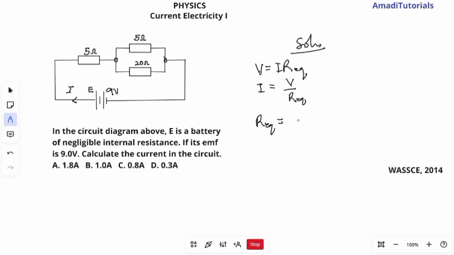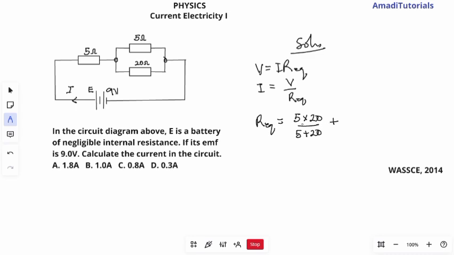So if you analyze them using your formula, it's going to turn into one equivalent resistance, which will now be in series with this 5 ohm resistance. Since there are just two resistors in parallel, that will be 5 times 20 divided by 5 plus 20. And that will settle the parallel one.